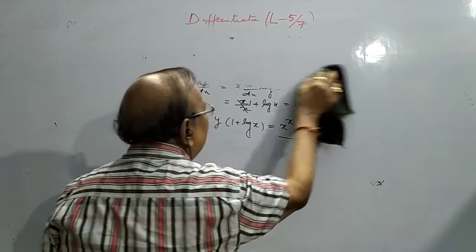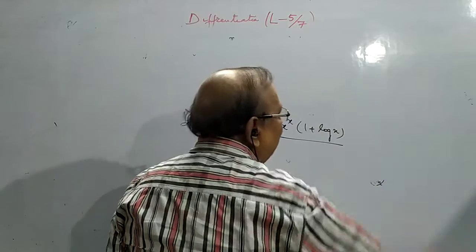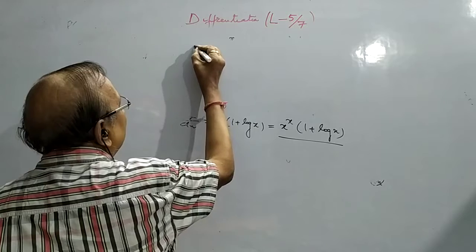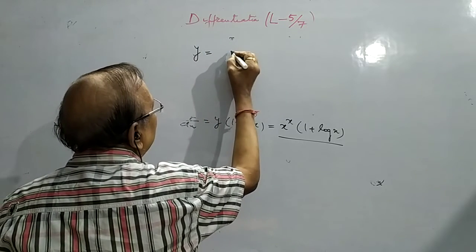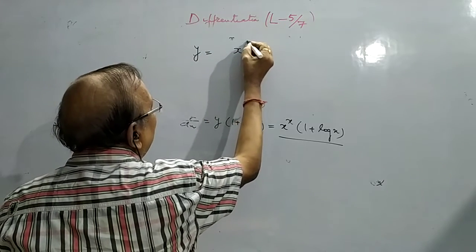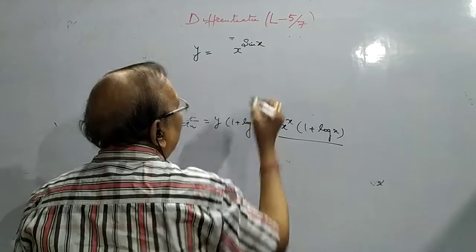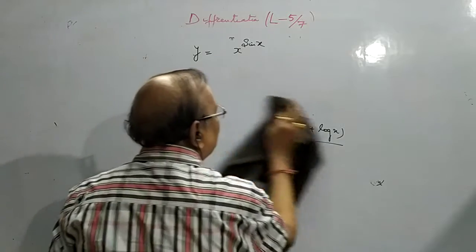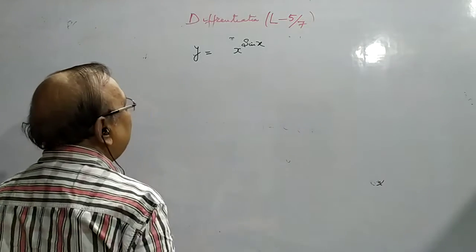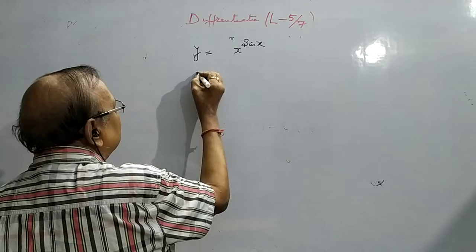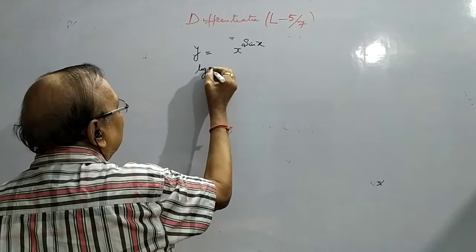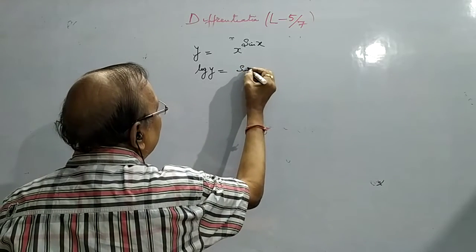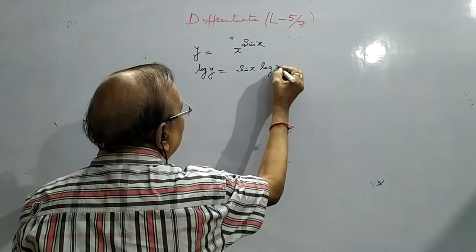When the exponent is variable and the base is also variable, say y is equal to x to the power sin x. Again, we may take log of both sides. Now I am directly taking log y is equal to sin x log x.